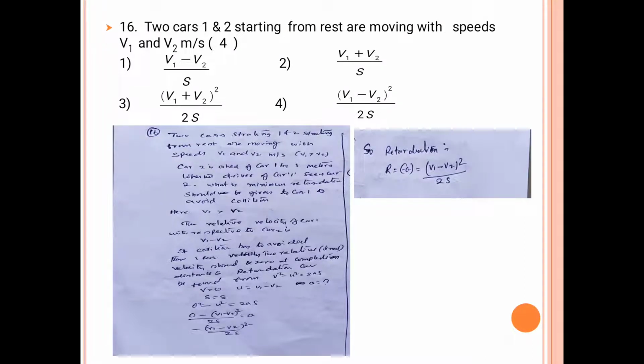The minus signifies that it is a retardation. So the acceleration is minus V1 minus V2 whole square by 2s, but if we call it retardation, that is negative acceleration, so it is V1 minus V2 whole square by 2s.